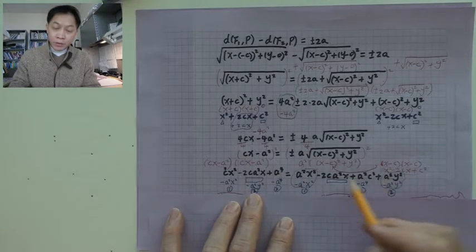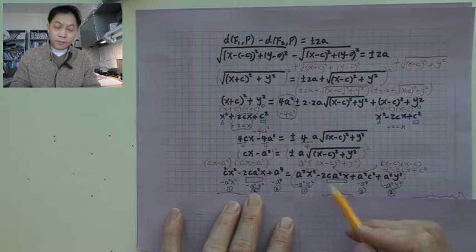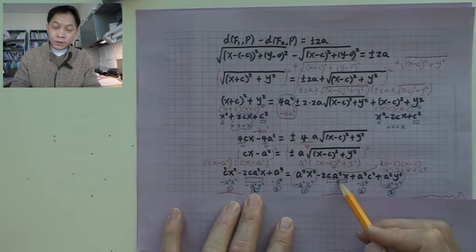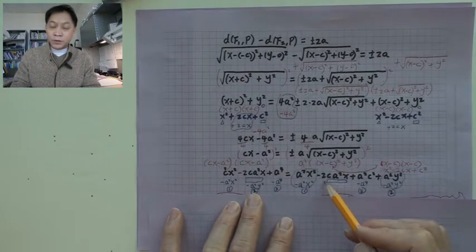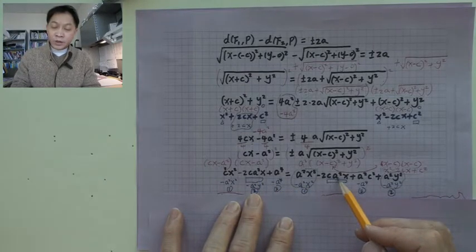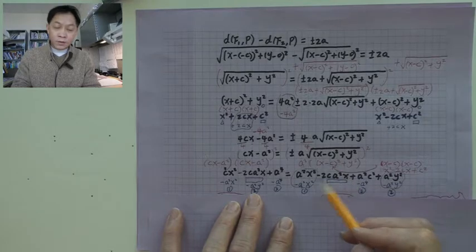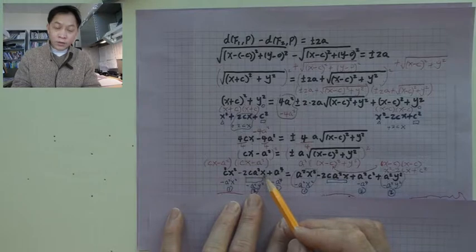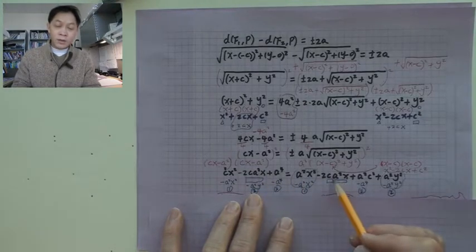Okay, these two will cancel each other. Now, remember those two are the same. If you add the same term on both sides, they cancel each other. If you add 2ca squared x, you add 2ca squared x, they will cancel each other. Okay?